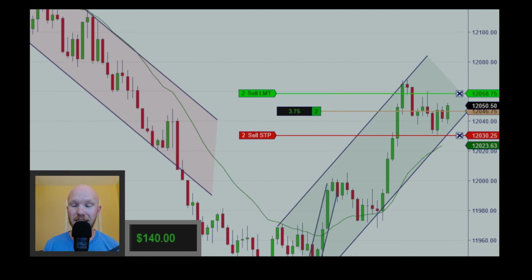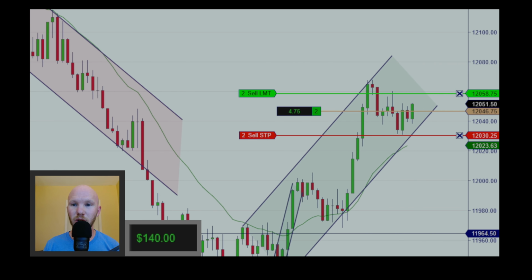So that's actually a signal that we trapped a bunch of those shorts who were trying to counter trend, and then we're going long above that. The second entry long didn't look great, but this is a failed second entry short, which we're taking long here.